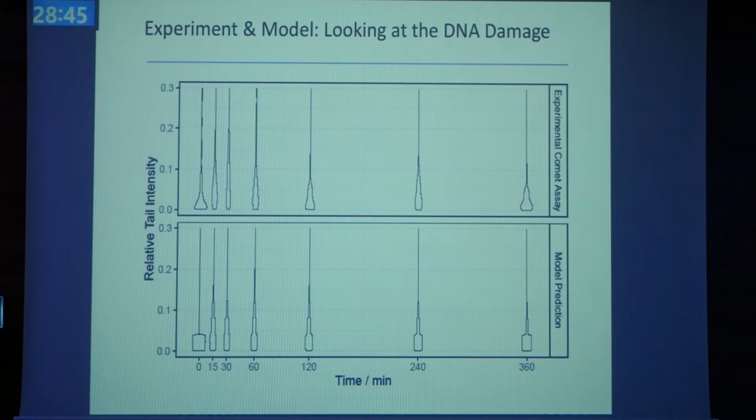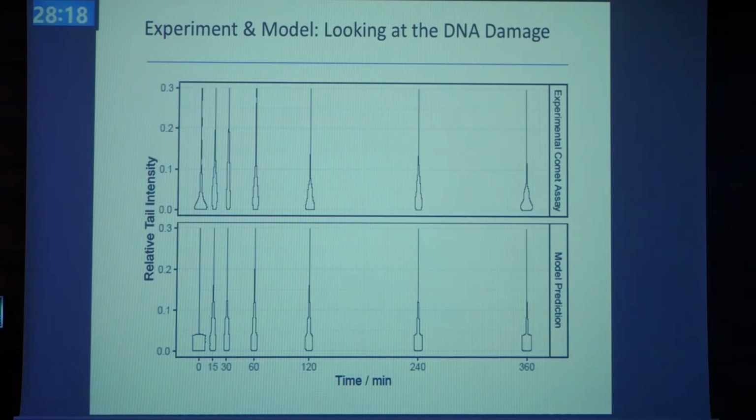This is the measured histogram. We have on the y-axis the tail intensity, which is directly proportional to the DNA damage. We have the time after treatment, and the width of these violin plots shows how many cells we have with a certain amount of damage. These are the in vitro data, real biological data, and this is the synthetic comet assay.